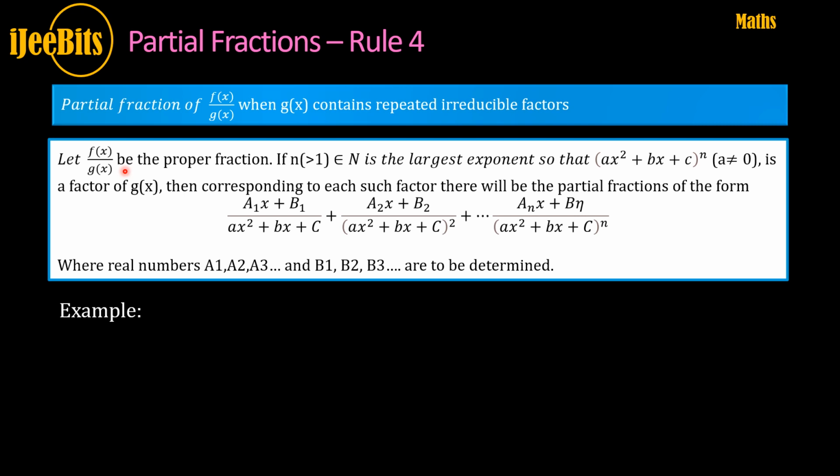Then corresponding to each irreducible factor, a partial fraction exists in the form of a1x plus b1 by ax square plus bx plus c, plus a2x plus b2 divided by (ax square plus bx plus c) whole square, and so on.